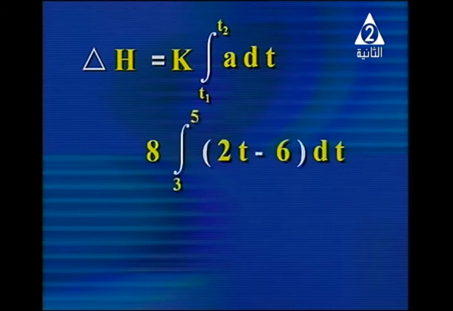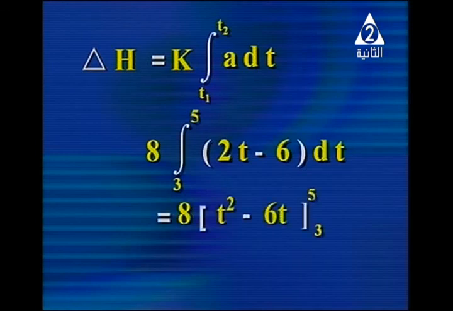Look, student. Delta H equals K times the definite integration from T1 to T2 of A dt. Delta H equals K, the constant 8, times the integration from 3 to 5, where A is the acceleration, 2t minus 6, the relation in time t, dt.